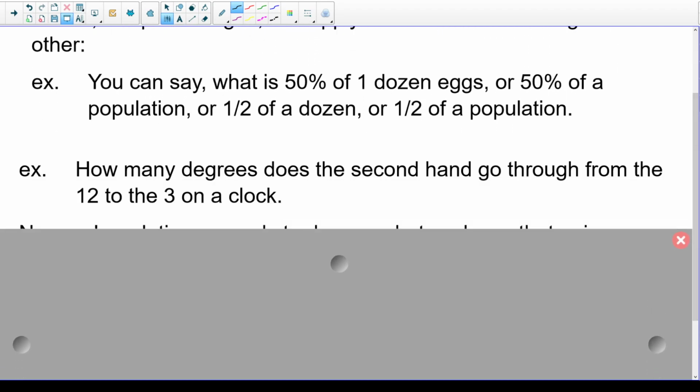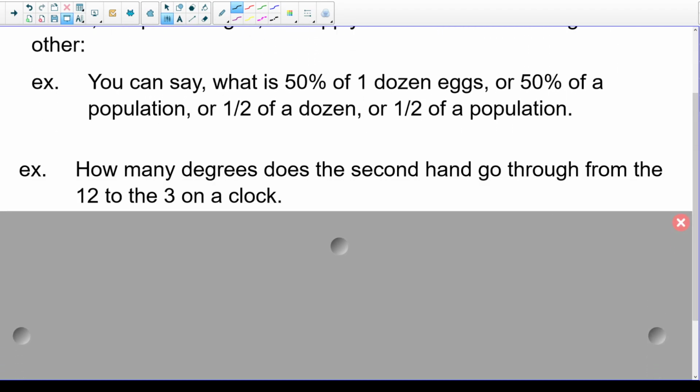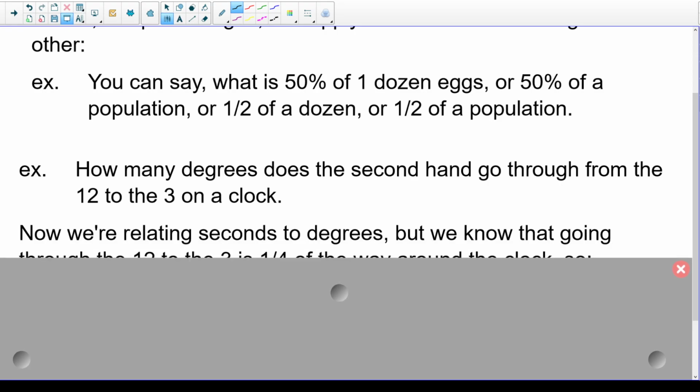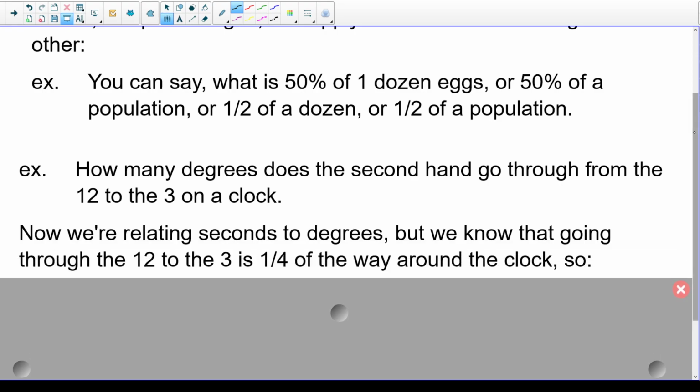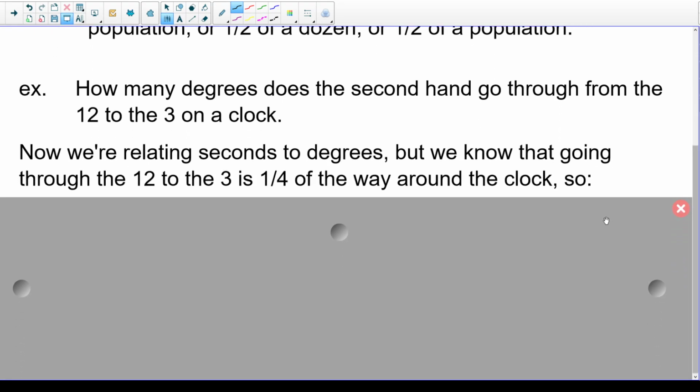So if I ask the question, how many degrees does the second hand go through from the 12 to the 3 on a clock? All of a sudden we're relating seconds to degrees, but that's not too difficult because if you're going from the 12 to the 3 on the clock, you're going a quarter of the way around the clock.